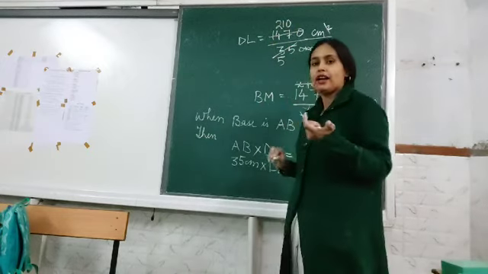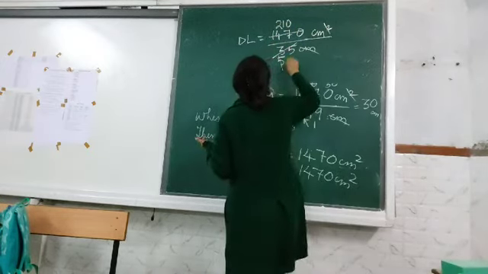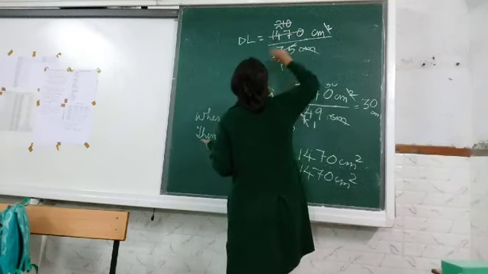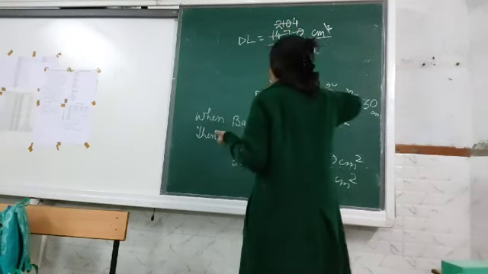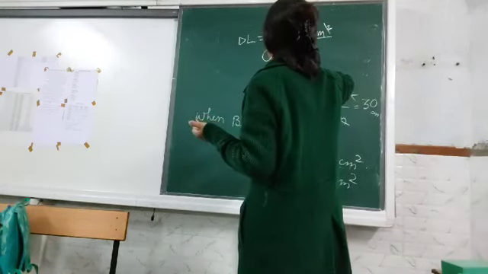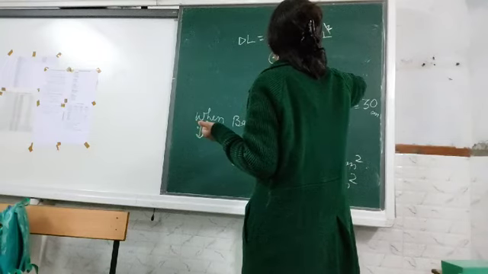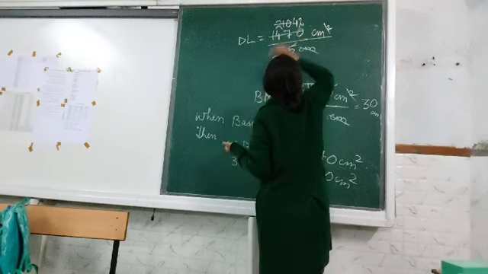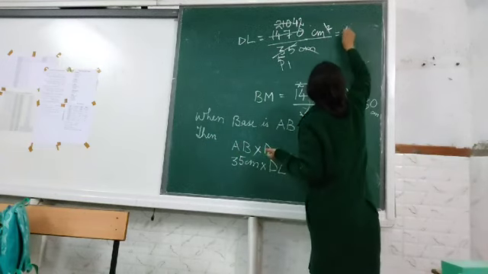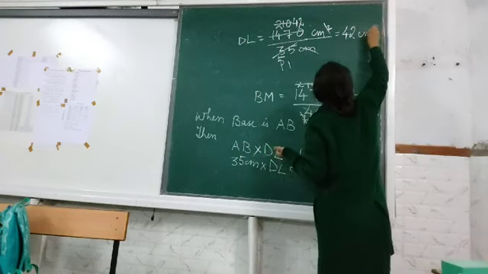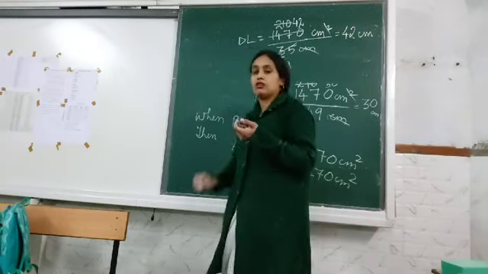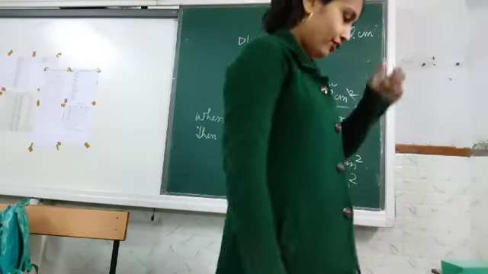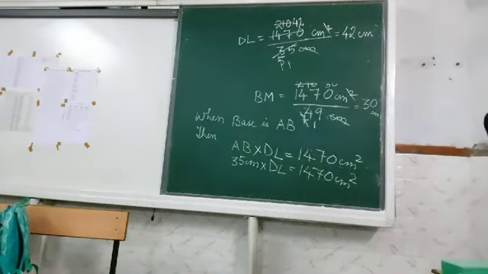Okay. Now 5 and 210 will get cancelled. 5 1s are 5, 5 4s are 20 and 5 2s are 10, so we get 42 centimeters. So the value of DL is 42 centimeters.